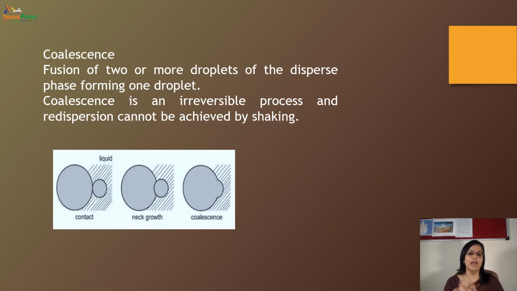That means they merge and form one droplet. So coalescence is an irreversible process and redispersion cannot be achieved by shaking. If you shake the emulsion and think that coalescence will be reversed, it's not like that. It is completely irreversible.